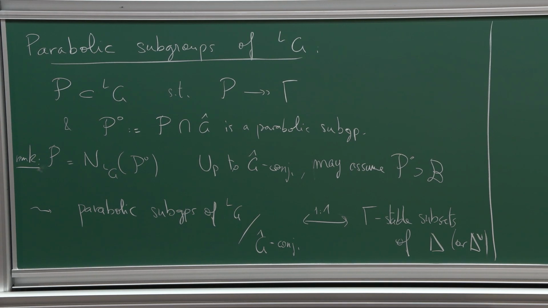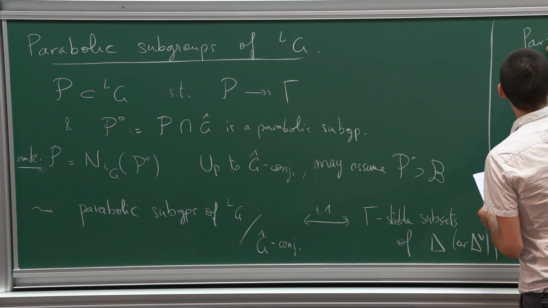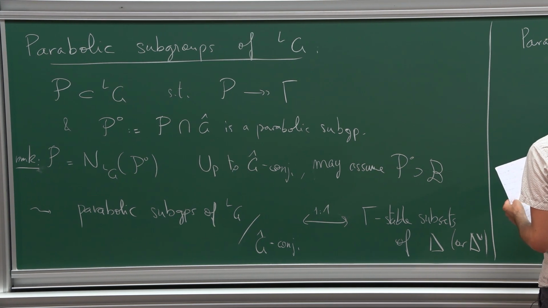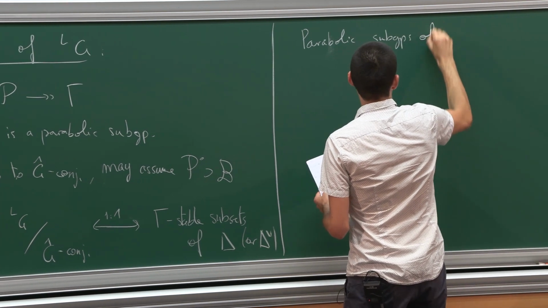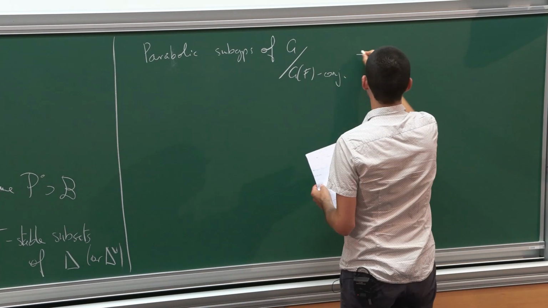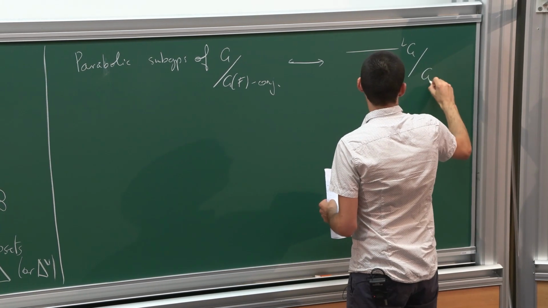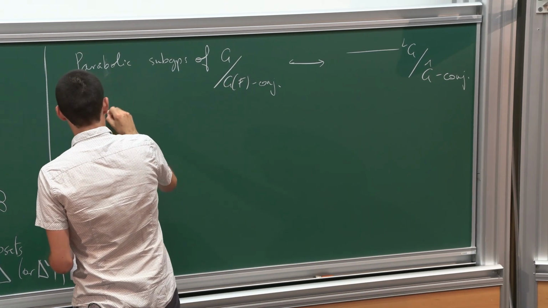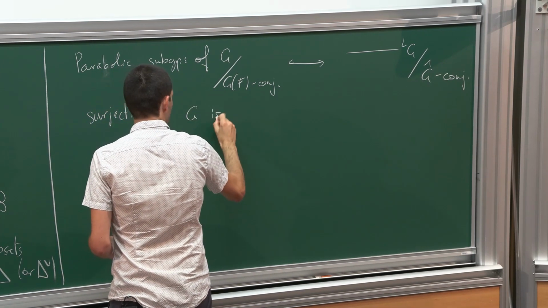And you can deduce from this that there is a natural map like this, embedding from parabolic subgroups of G up to G of F conjugation into same for LG. And this is surjective if and only if G is quasi-split.